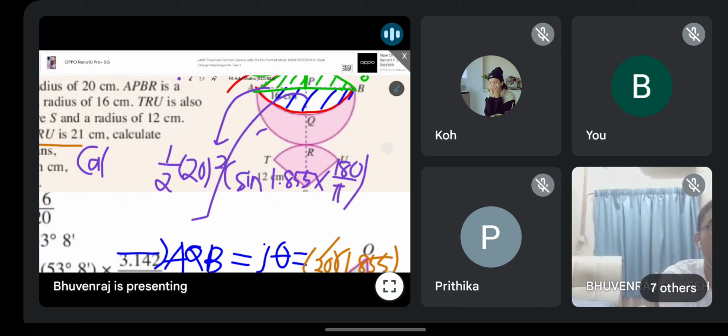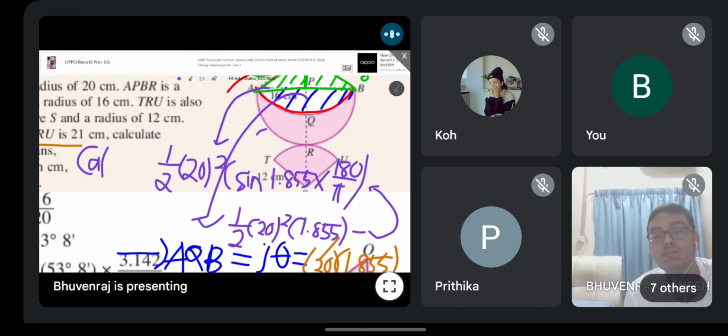Then you can get the answer for this region. You just take half times 20 squared times 1.855 minus this whole thing over here. Guys, are you clear how to get the blue color region? Everyone understands how to calculate the blue one? Okay.